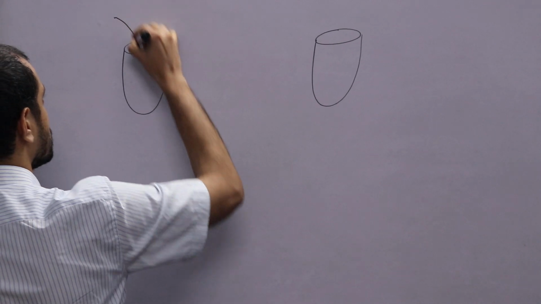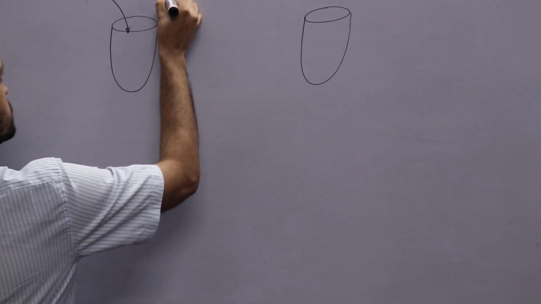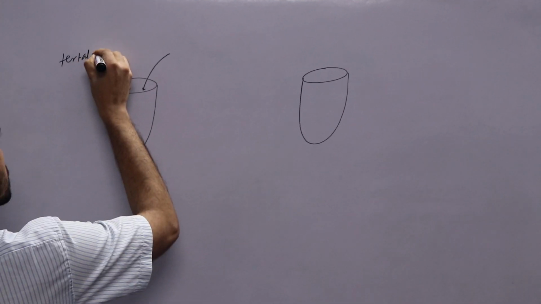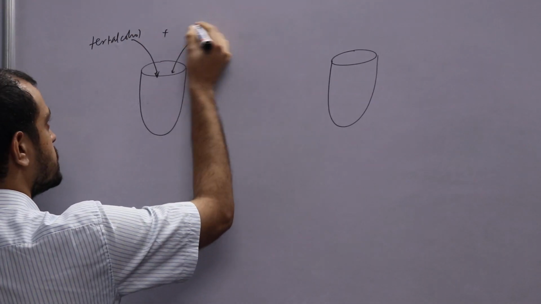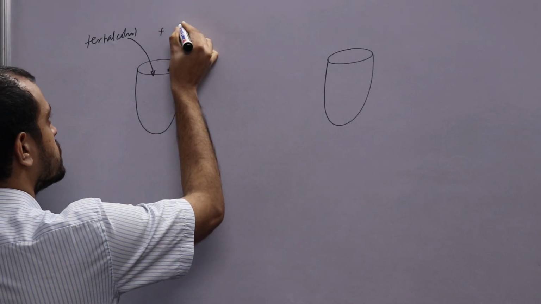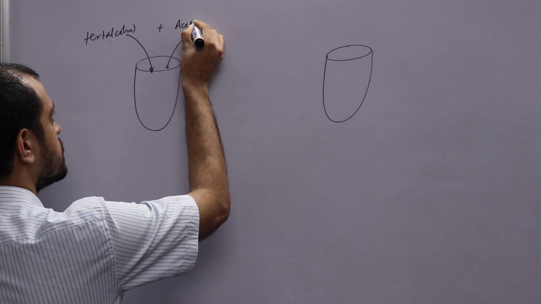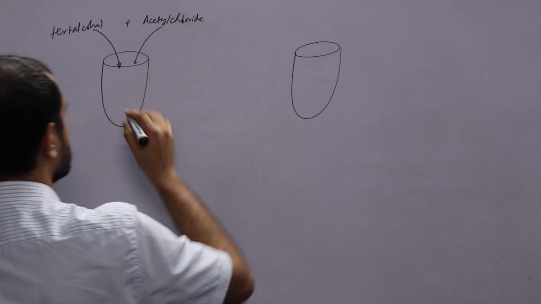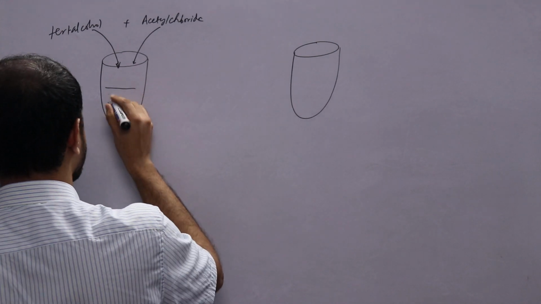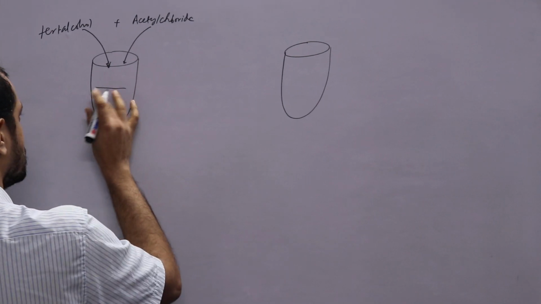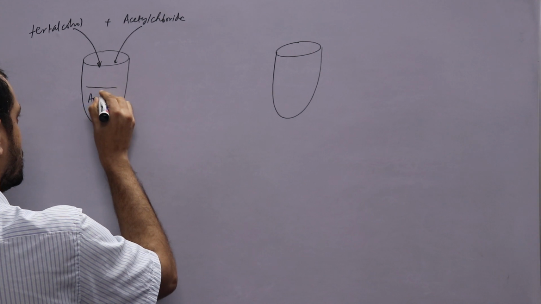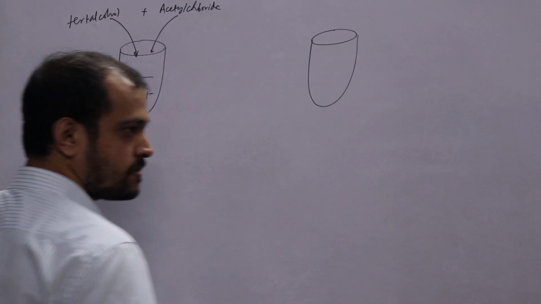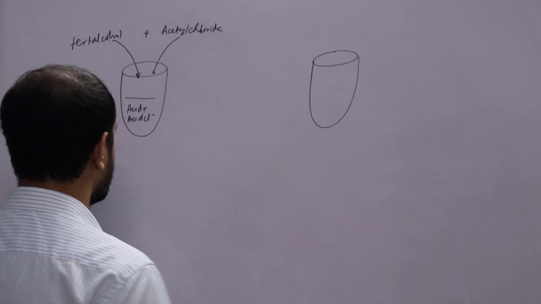To this test tube you have added two things, that is tertiary alcohol plus acetyl chloride. Now what will you be getting? You will be getting acid plus acid chloride, right? Because we know it is unstable.